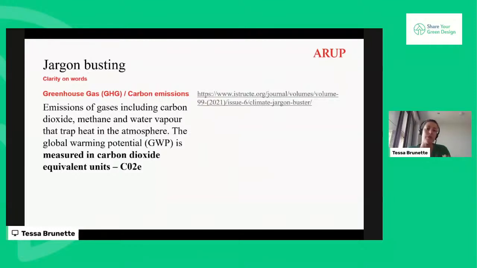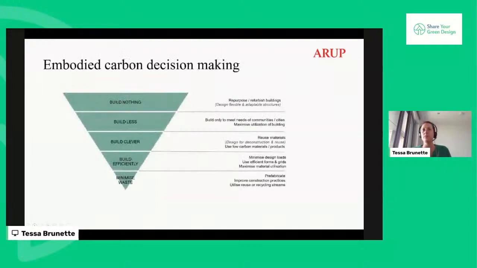In other words, it's not only CO2. That word must actually be used interchangeably to mean greenhouse gas emissions, because it's taking into account carbon dioxide as well as other gases that contribute towards global heating, such as methane and water vapor. So it must just be considered interchangeable, just as a quick note.